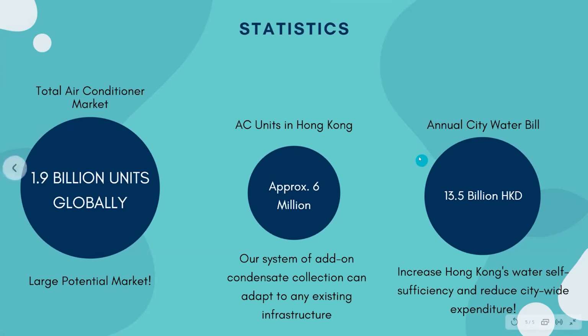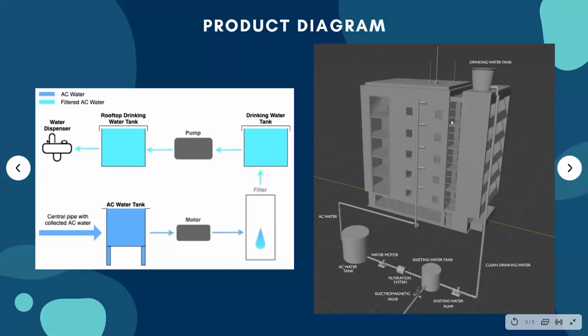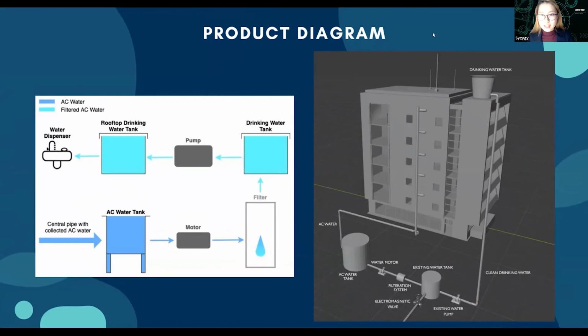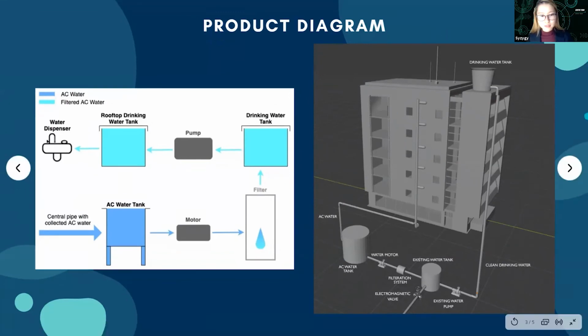How many pumps do you need for, let's say, a 30-story building? And how do you actually collect the AC contents from the existing building? Hold on, could I bring my teammate who's quite specialized in this to answer this question? Tina, can you get this?